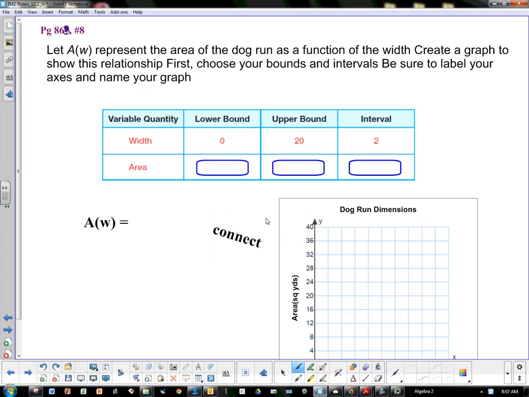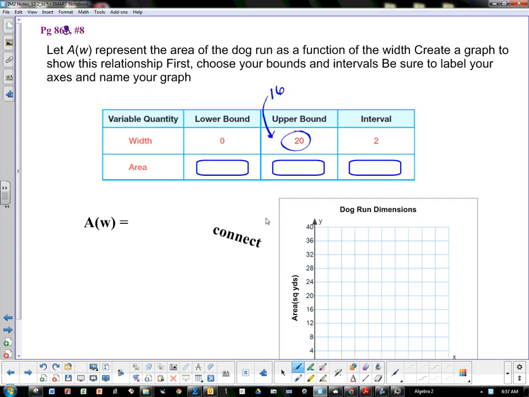So we were all just looking at this going, hey, I thought the upper bound for the width would be 16, right? And you are right. But what we're looking for is a nice window on the calculator. Do you think that if I use 20 on the calculator, it'll fit the 16 inside it? Yes. That's what we're going to do.